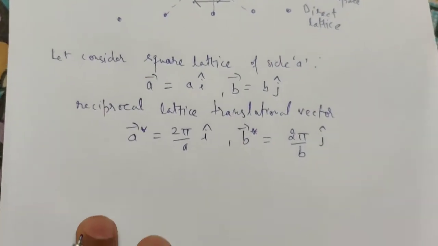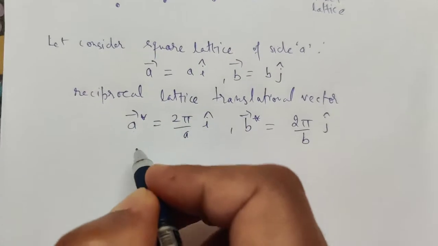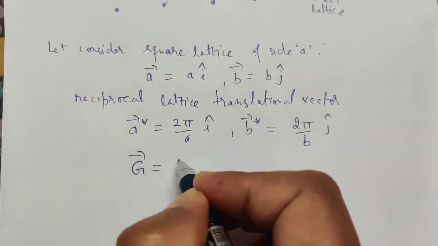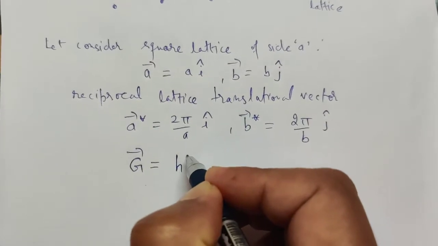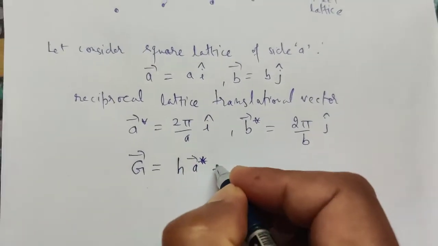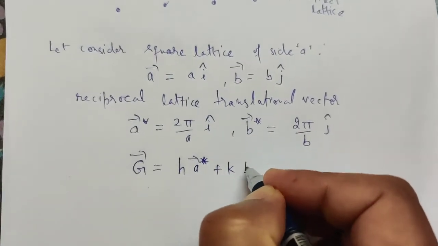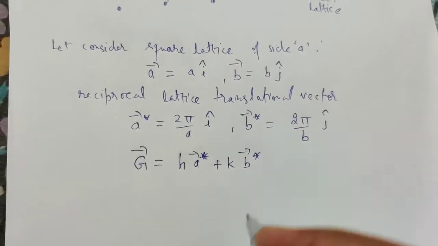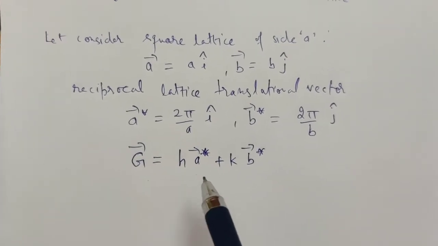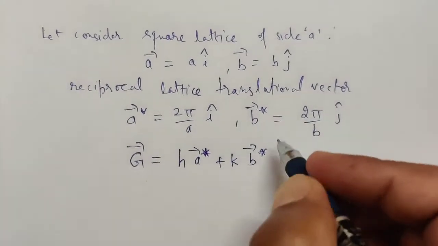Now what will be your reciprocal translation vector? This will be G equals h a star plus k b star. This I have told you before. This is two-dimensional. So h and k are the Miller indices of those Miller planes.